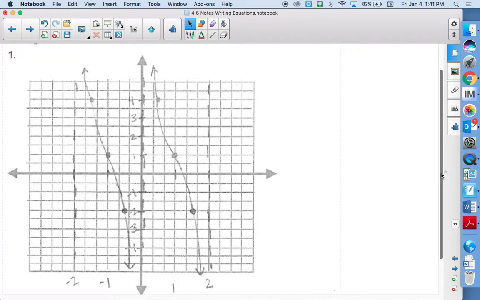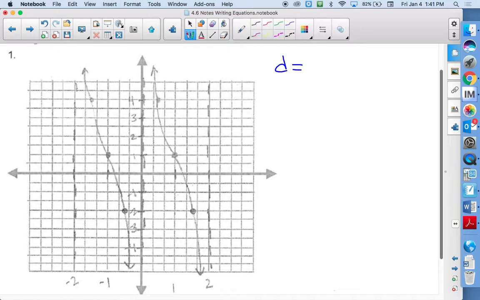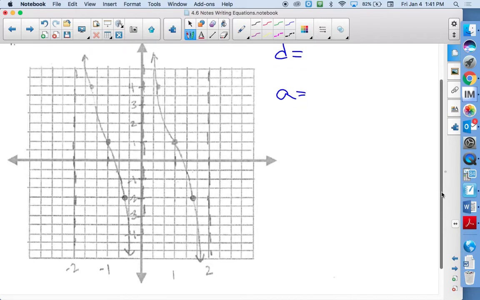To start off, when we write equations, we start with D, the sinusoidal axis, the middle of the graph. If you look, there are 3 points graphed on there and 2 asymptotes, which is how we've been graphing. Where would the middle of the graph be? Chelsea? At 1.